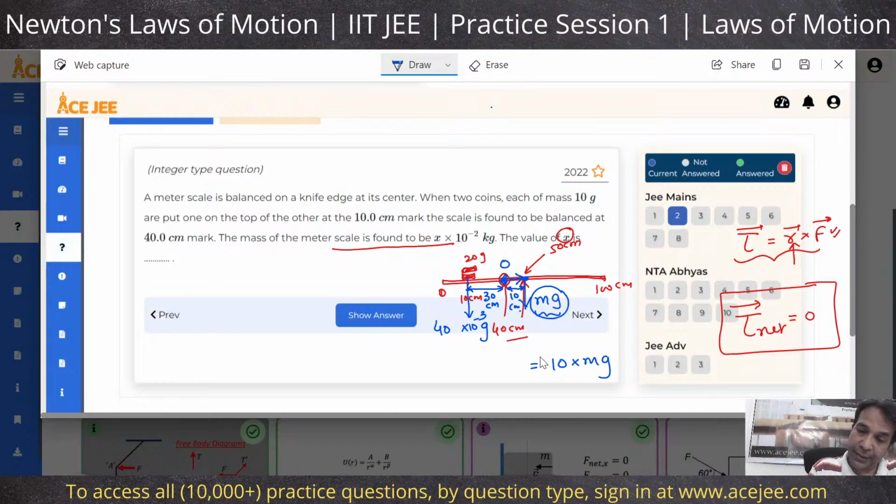Well, the direction is pointed inwards into the screen. Now, if you look at the force on the left, the torque due to this will be R, which is 30 centimeters, into F, 40 into 10 to the power minus 3 g.